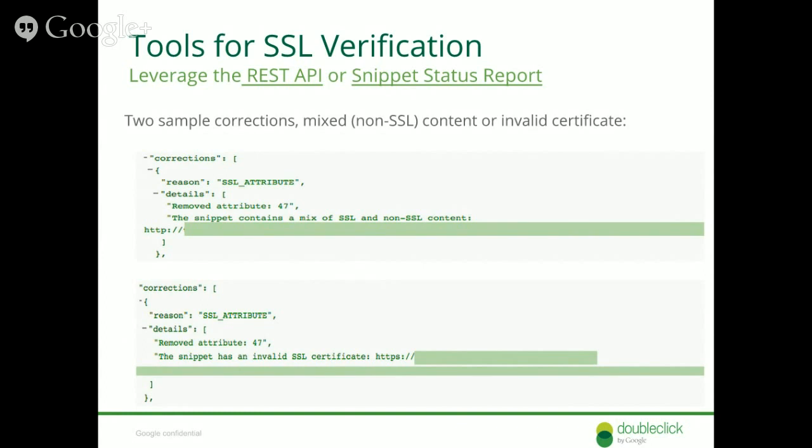And we blurred out the exact information, but you can see there that we highlight the exact pixel, the exact tag that caused the mix of SSL and non-SSL content. And in the second example, we've actually flagged the Invalid Ssl Certificate. So we'll show you that as well if that's what's causing the creative or snippet to be labeled non-SSL.